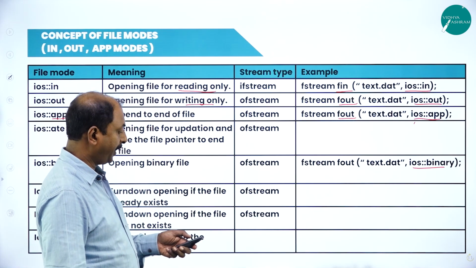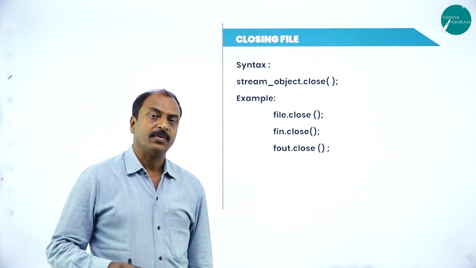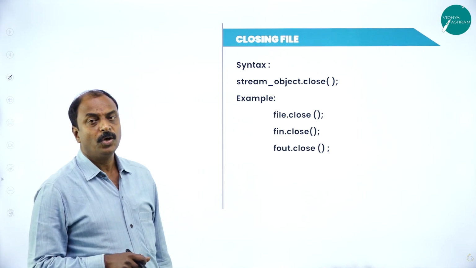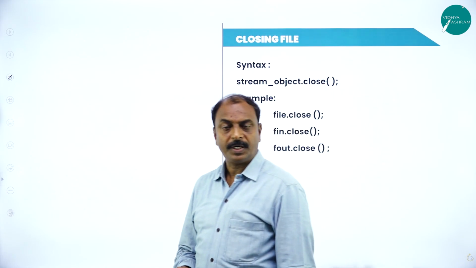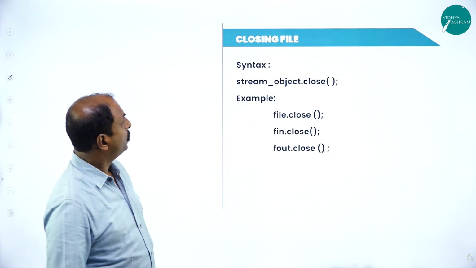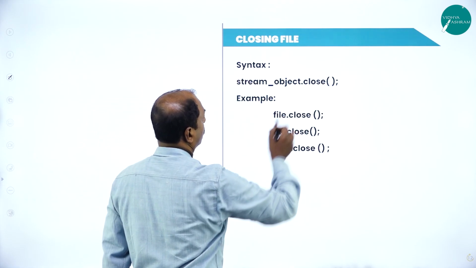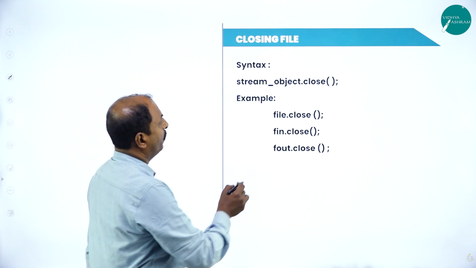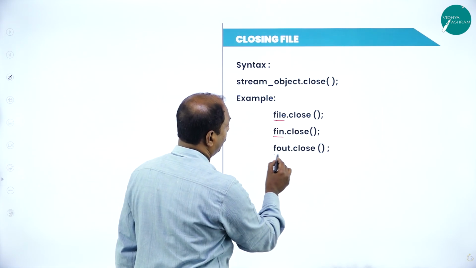Now let us move on to the next slide. Here the next concept is closing a file. As I told in the beginning, when a file is opened for any operation, it has to be closed. So what is the syntax? Stream object dot close. For example, file.close, fin.close, fout.close.